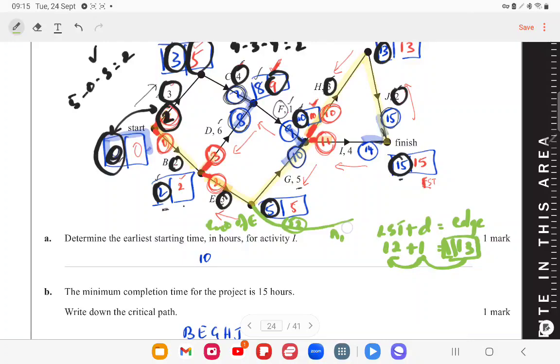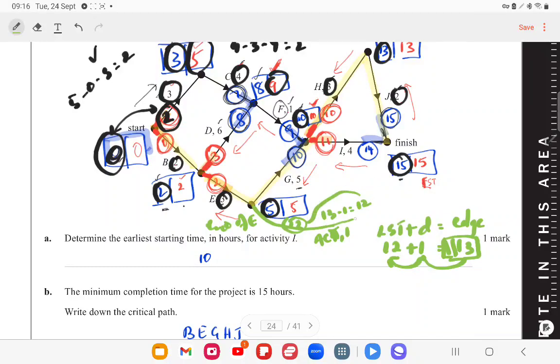And this activity has a duration of 1. Let me call that ACT. As I told you, this 12 is a value you get when you do a backward scan along that edge, which means the value should have been 13. 13 take away 1 is 12, which is this value.